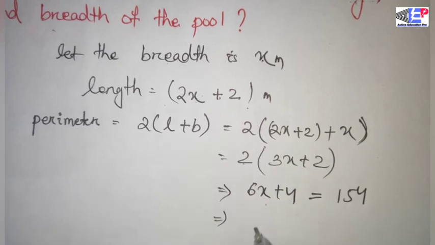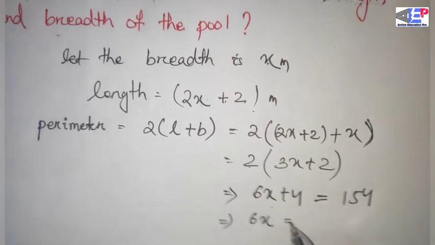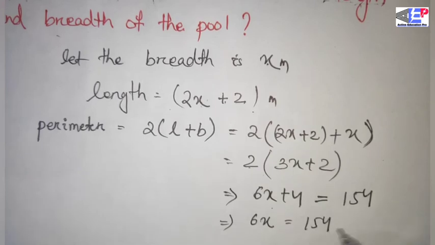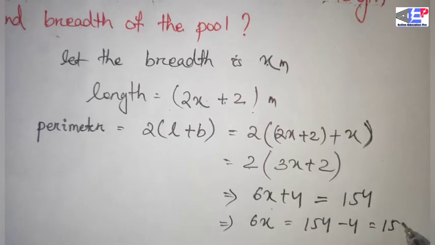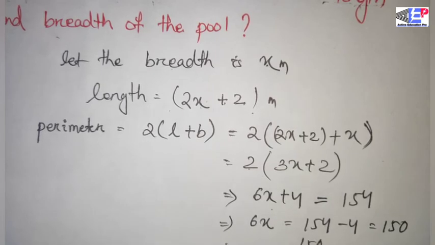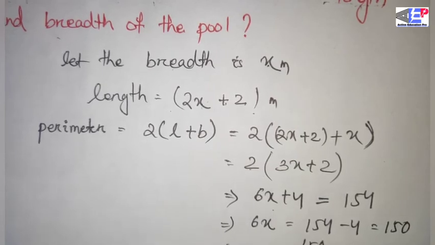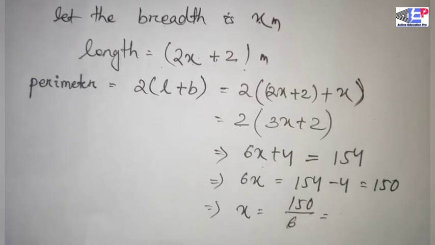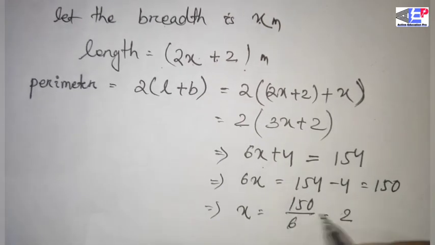Now solve it. 6x is equal to 154 minus 4, which is 150. Then x is 150 by 6, which is 25.